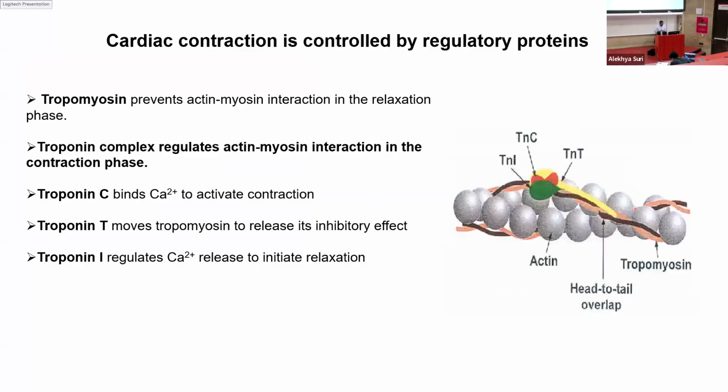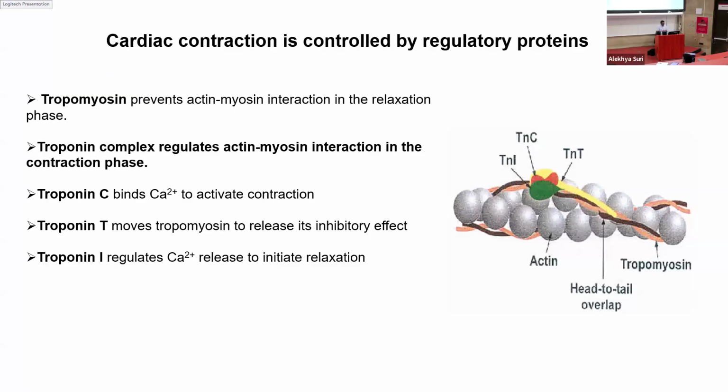The other thin filament proteins like tropomyosin and troponin are mostly involved in regulatory mechanisms. For example, the tropomyosin usually prevents the actomyosin interaction in a relaxation state. When a muscle is in a relaxation state, the tropomyosin binds to the myosin binding site in the actin filament, and thereby it prevents the myosin interaction.